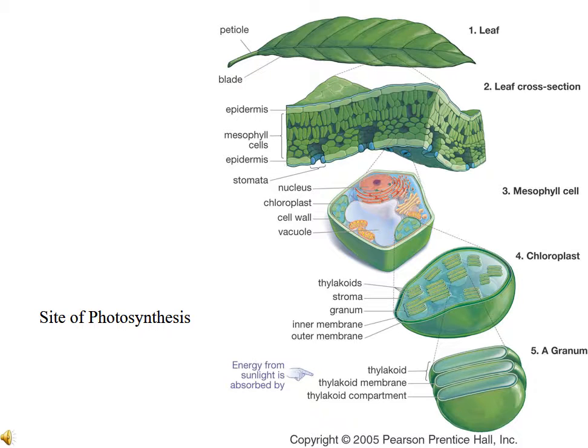If you look at a leaf and take a cross-section of the leaf, we can see that a leaf, of course, is an organ, and this organ is made up of lots of tissue, and towards the middle of the leaf, we have cells that are designed to carry out photosynthesis. Now, these cells will have little organelles called chloroplasts.